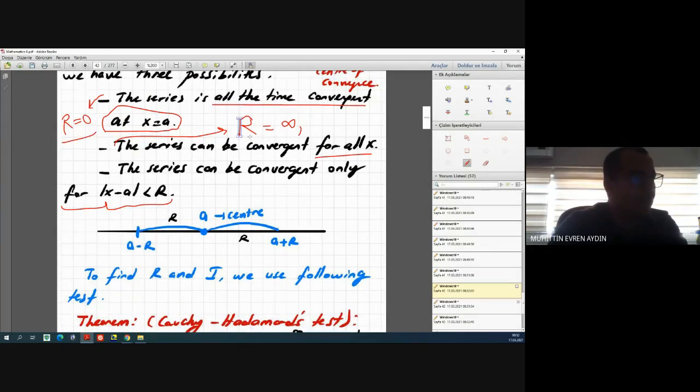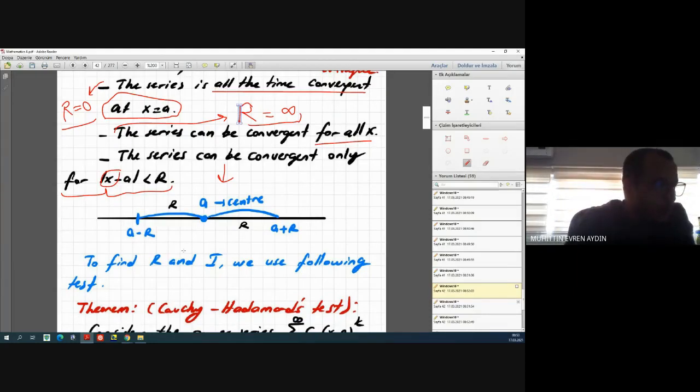Otherwise, namely, if your radius of convergence is neither 0 nor infinity, then you have this possibility, which means that you have an interval of convergence, and for some special values of x, your power series is convergent.